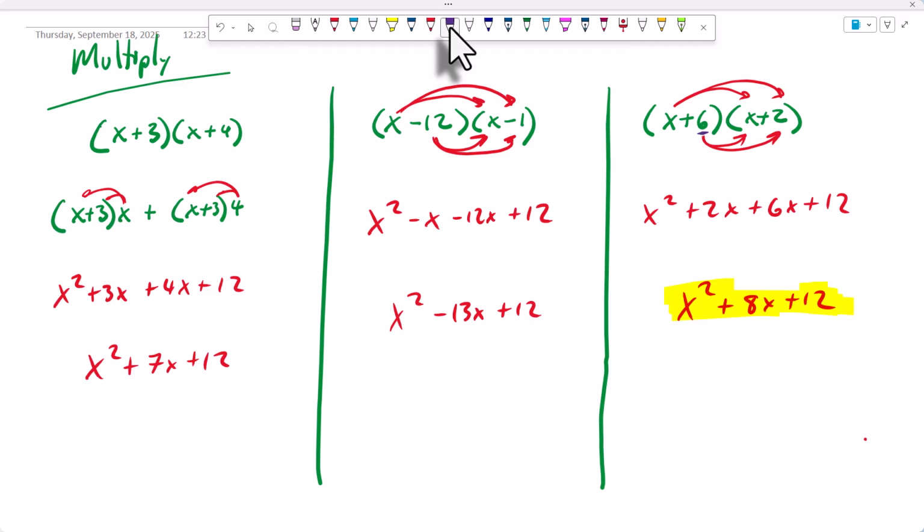I need to figure out why it's 2 and 6. It's going to be 2 and 6. It's going to be x plus 6 times x plus 2. So how can we look at this and figure out it's going to be 2 and 6? Why don't you discuss that with your neighbor?